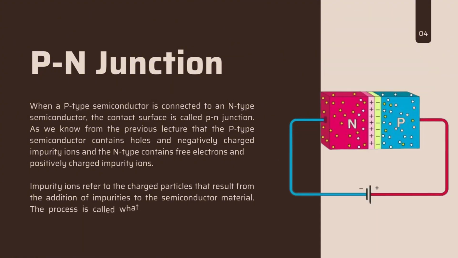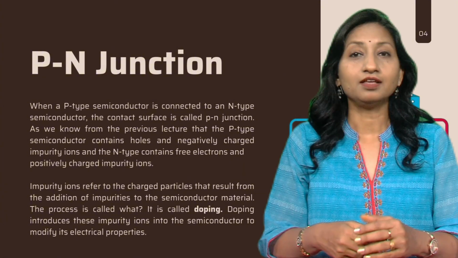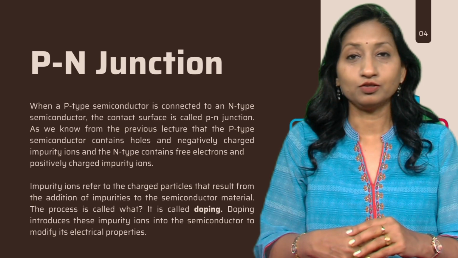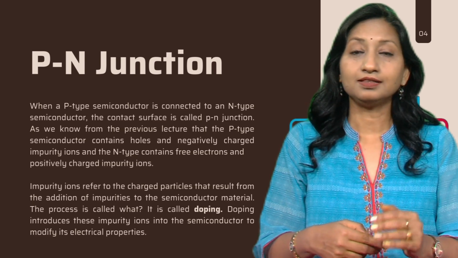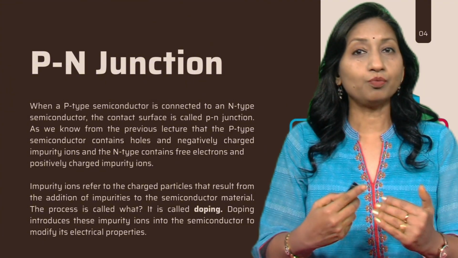So impurity ions refer to the charged particles that result from the addition of impurities to the semiconductor material. This process is called doping. Doping introduces these impurity ions into the semiconductor to modify its electrical properties.